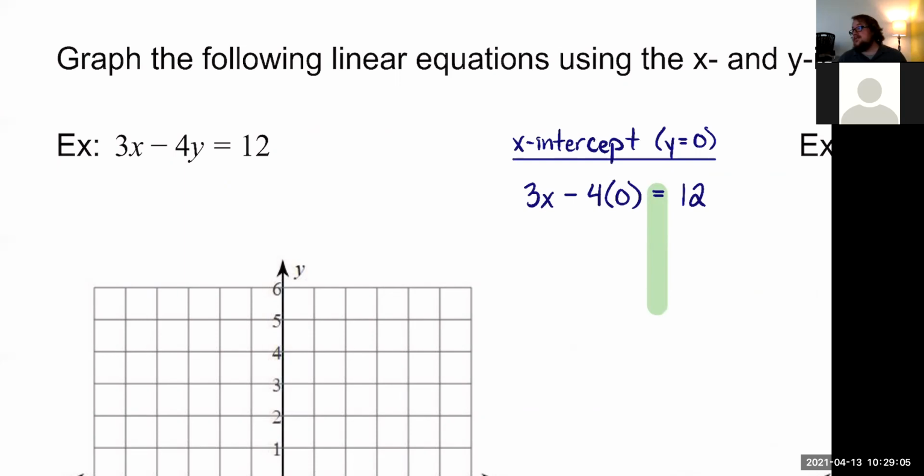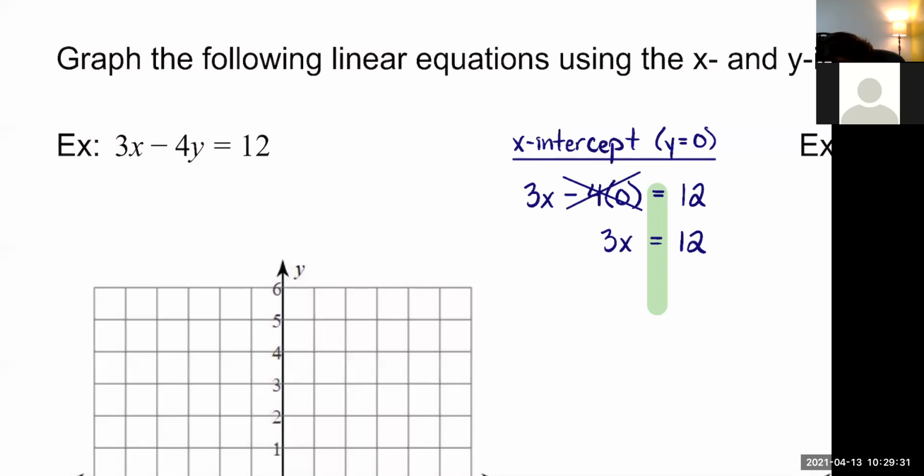What's negative 4 times 0? 0. And if you add or subtract 0, does it change anything? No. So for my purposes, negative 4 times 0 becomes 0 and no longer changes anything for me. So all that I'm left with is 3x equals 12. How would you solve that equation?